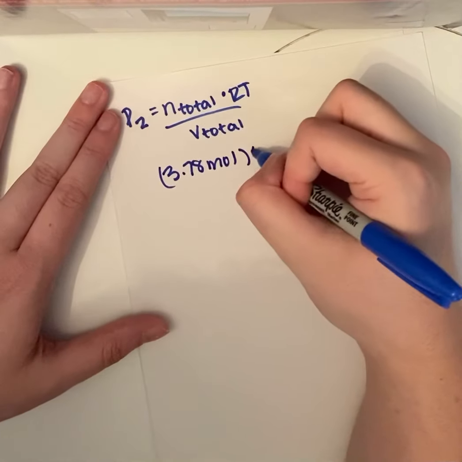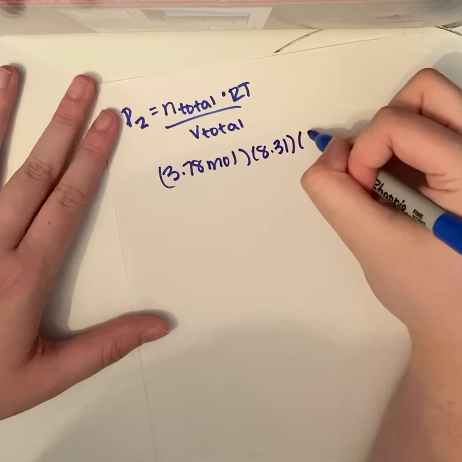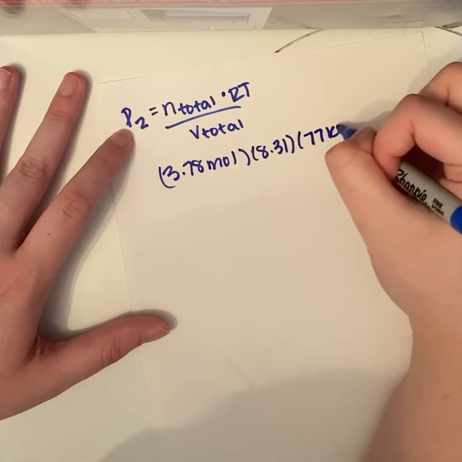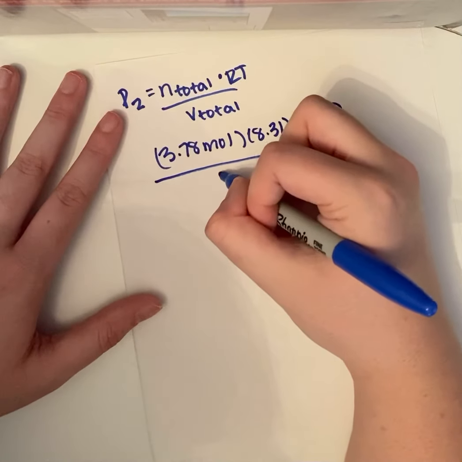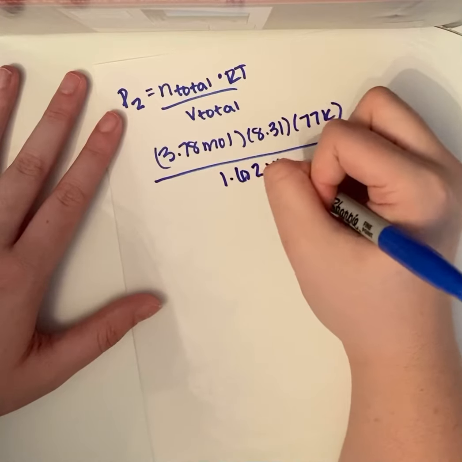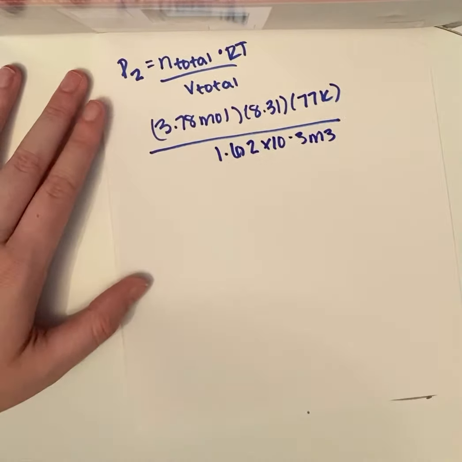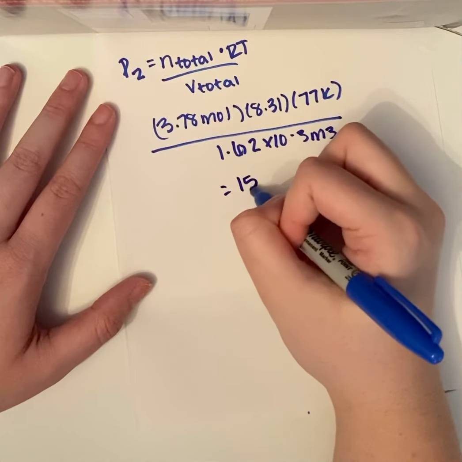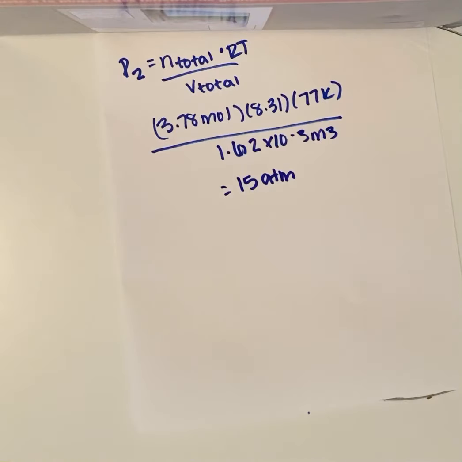R is 8.31, and T is the boiling point of nitrogen again, so 77 Kelvin, all over the total volume, which was 1.62 times 10 to the negative 3 meters cubed. After doing some calculations, we get 15 atmospheres. So this is the pressure inside of the thermos after a few seconds have passed.